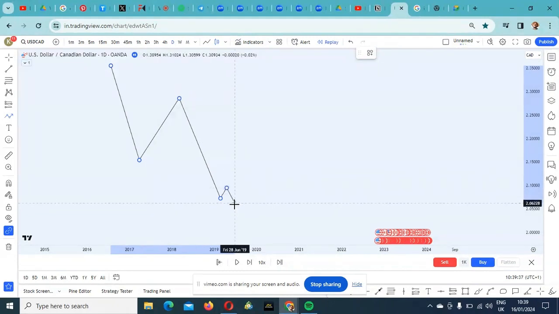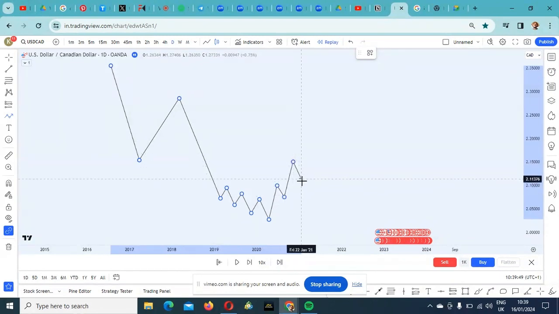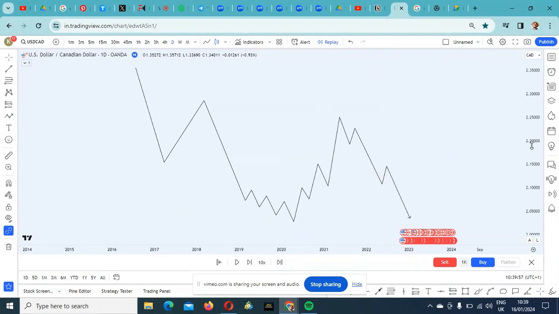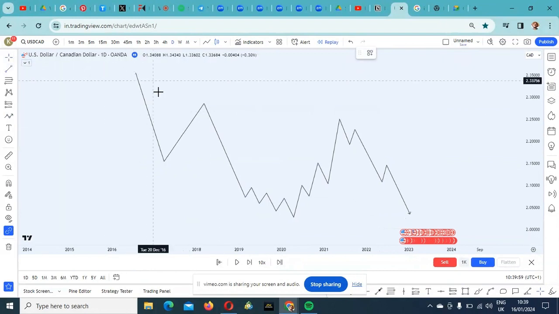Now it does this, does this, does this, does this. So yeah, I want to stop here. Now we are assuming these areas are the external areas on the chart.